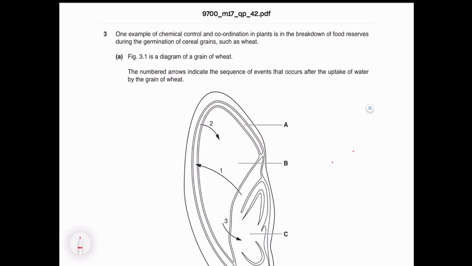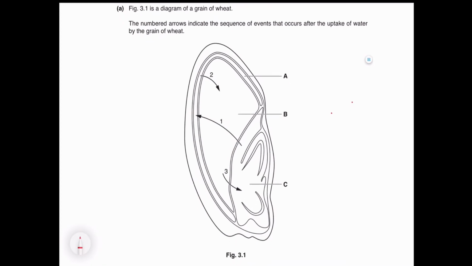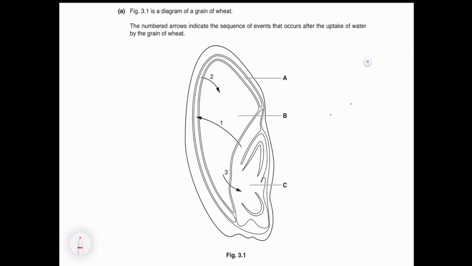Before we start with the process of germination, let's look at the structure of a grain. For a typical grain, the outermost layer is known as the testa, or sometimes the fruit coat. This is the part that makes your seed difficult to digest, and it forms the fiber.